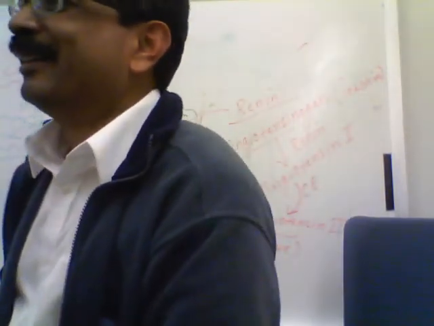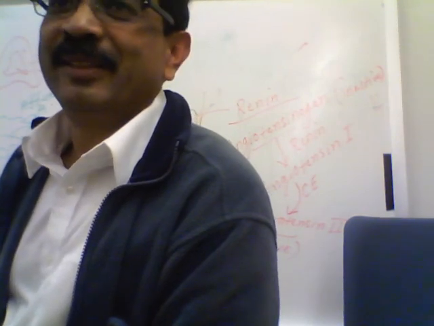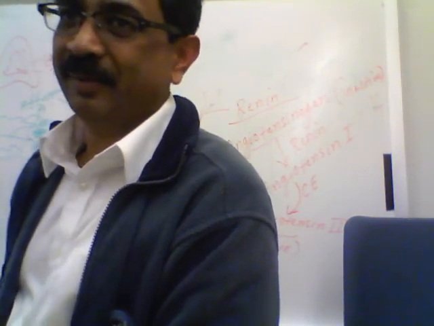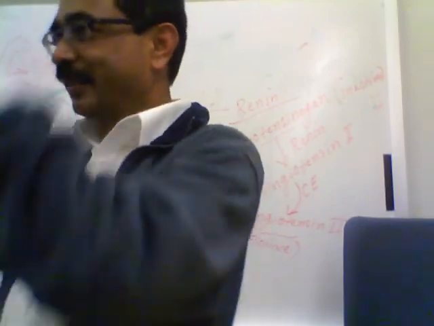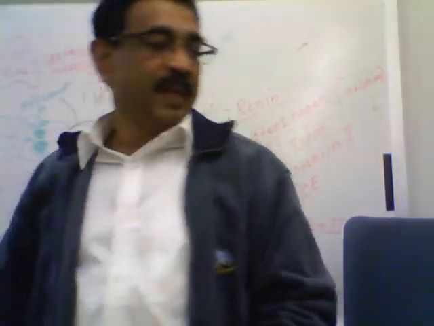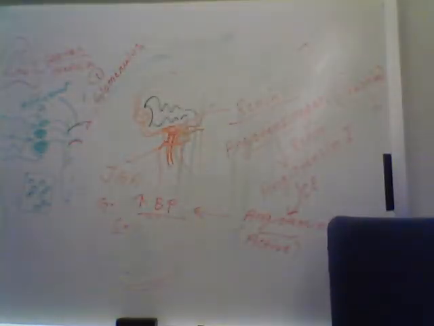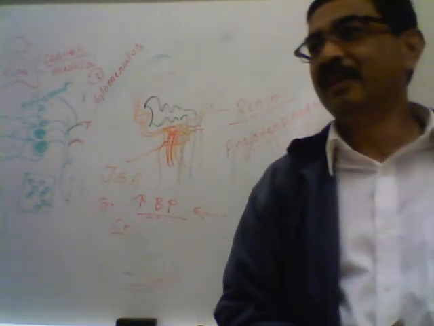Now you tell me, when should renin be released? If the blood pressure is low or high? Low, because renin increases the blood pressure, right? So inside the afferent arteriole, this is the blood vessel, when the pressure decreases, renin will be secreted from the granular cells. Make sense? Okay.